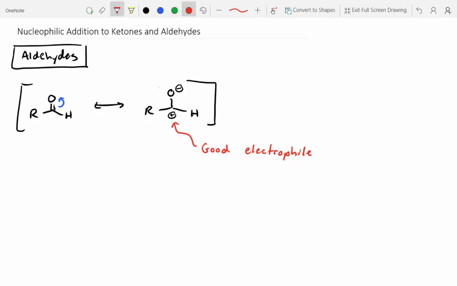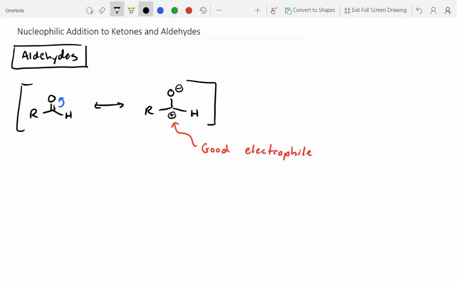One thing to also think about is we're explaining this as a good electrophile due to electronics, but you can also look at this in terms of sterics, right? With aldehydes, that carbon's pretty accessible because you've only got one hydrogen on there. If you compare this to a ketone, do you think a ketone's going to be more or less electrophilic? Less, because it's going to be more sterically blocked.